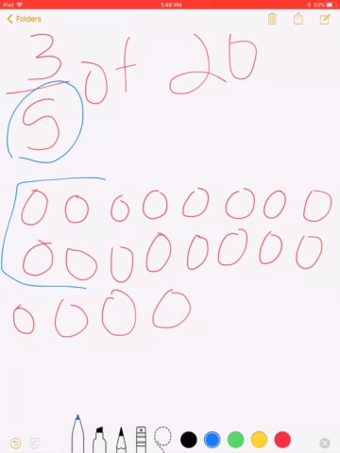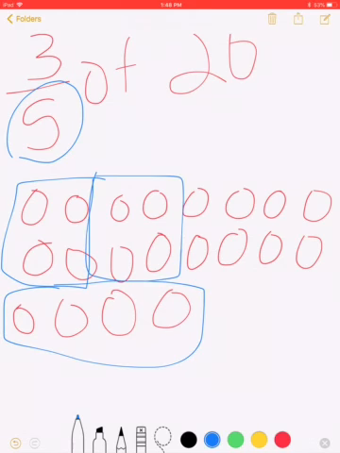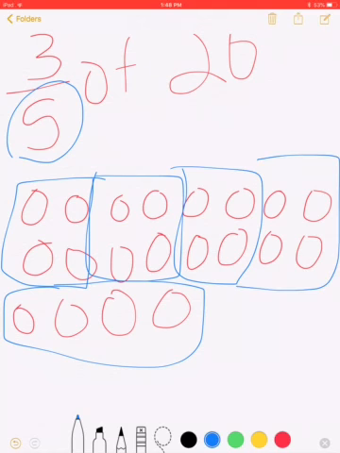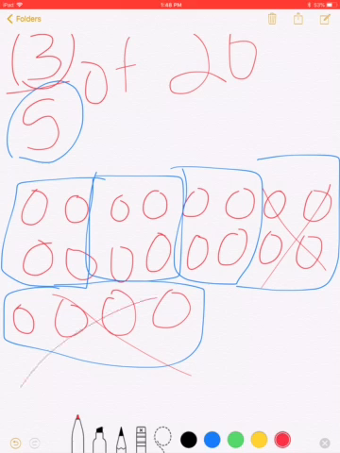And that's 4. So I'm going to have groups of 4. And when I do that, I see I have 1, 2, 3, 4, 5 groups. Perfect. My numerator tells me how many groups I care about. So I care about 3 groups. I'm going to X out the other 2. So I see I have 4, 8, 12. So 3/5 of 20 is 12.